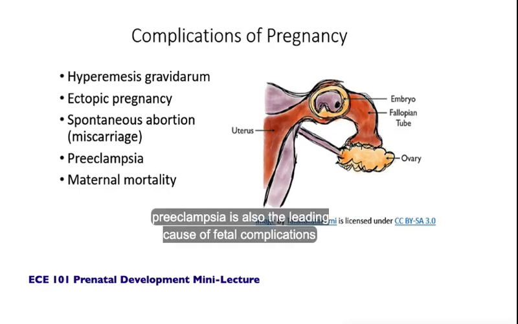Preeclampsia is also the leading cause of fetal complications, so often they try and help keep the blood pressure lower, and if they can't control the blood pressure, the only way to treat preeclampsia is to deliver the baby.